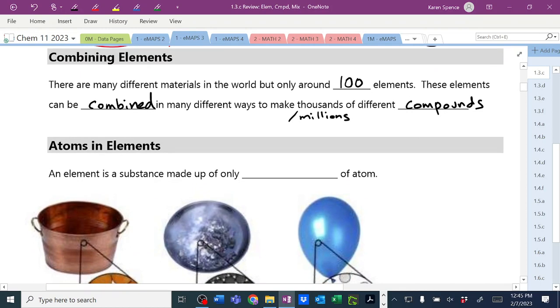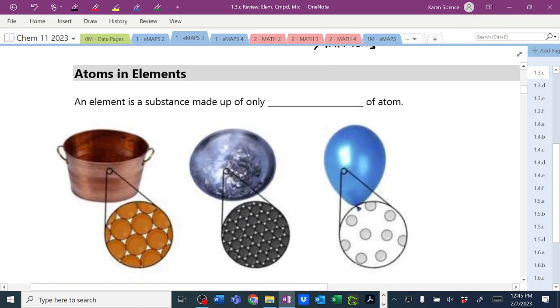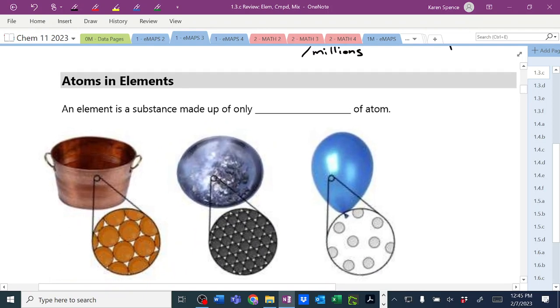Now, if we look at some pure elements, here we have a bucket made of copper, we have some charcoal made of carbon, and we have a balloon filled with helium. What do you notice about the atoms in each sample? They are all the same, okay? An element is a substance made up of only one type of atom.